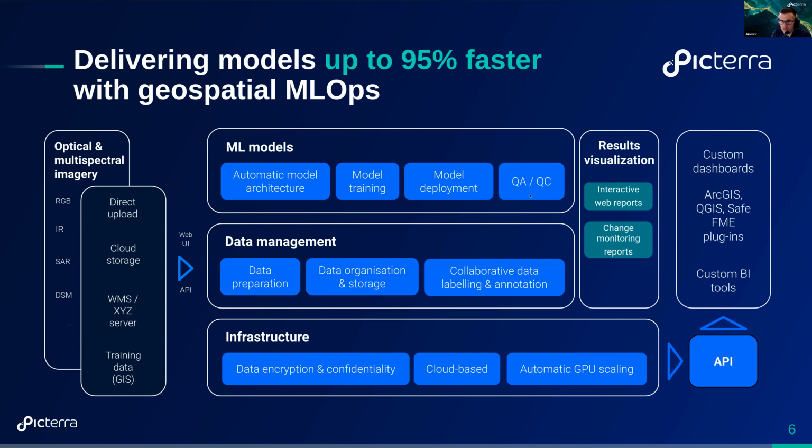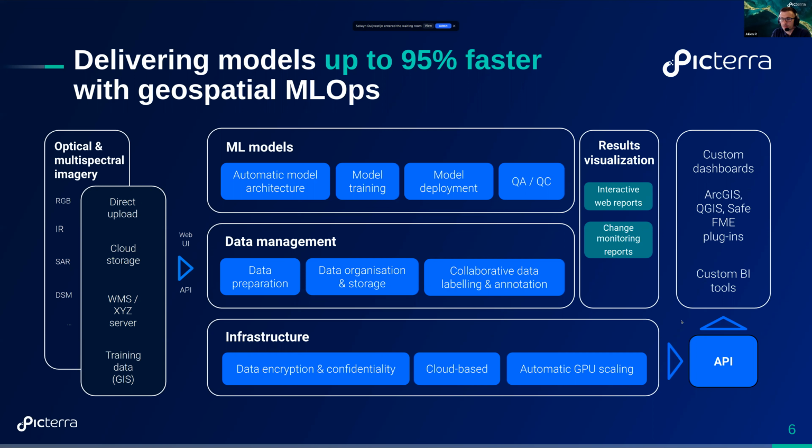We also have a set of tools around quality control and quality assurance that usually come after the model has delivered the detection. We also provide some visualization tools. So once you have the results of the model, you can do some analysis, for example, a change or monitoring analysis to visualize the results over time. So this is what we provide in the platform.